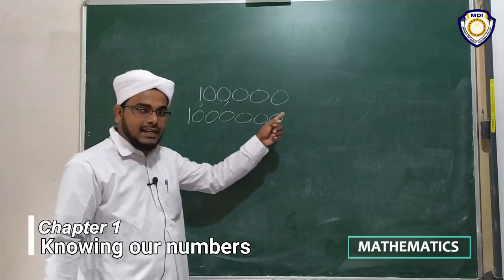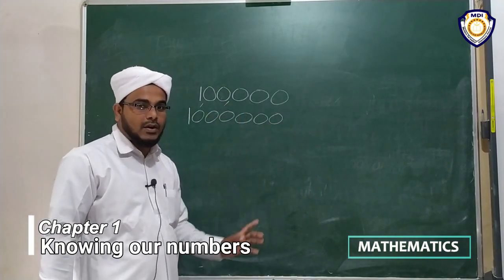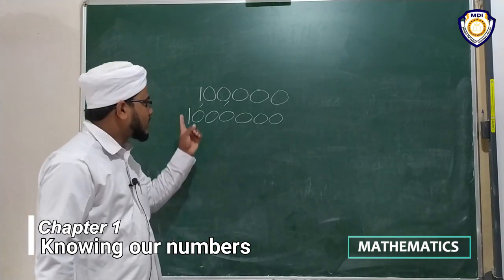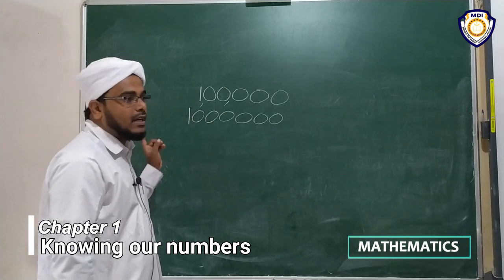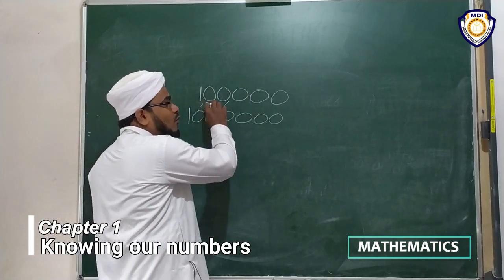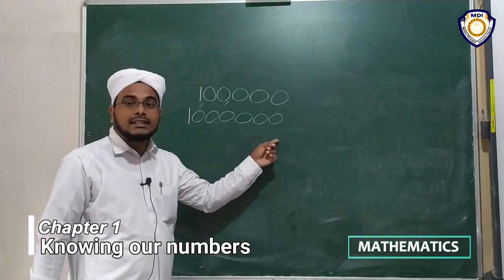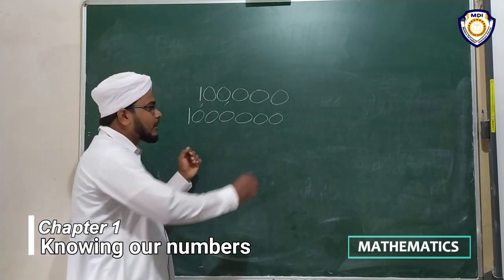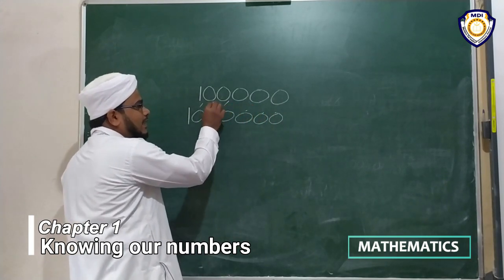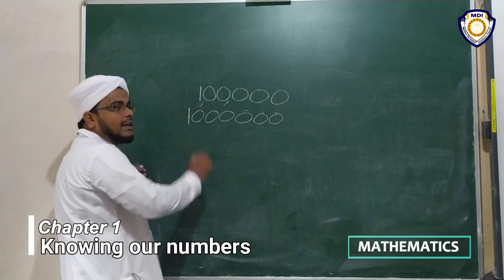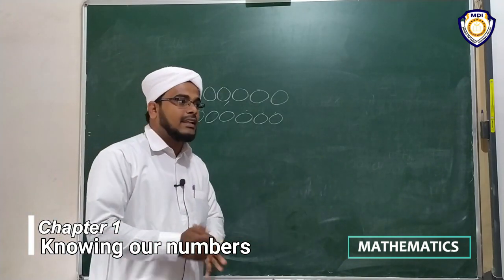Then it is read 1 lakh. We have to use the passive voice: it is read, R-E-A-D. It is read 1 lakh. Ones, tens, hundreds, thousands, ten thousands, lakh, 10 lakh. It is read 10 lakh.